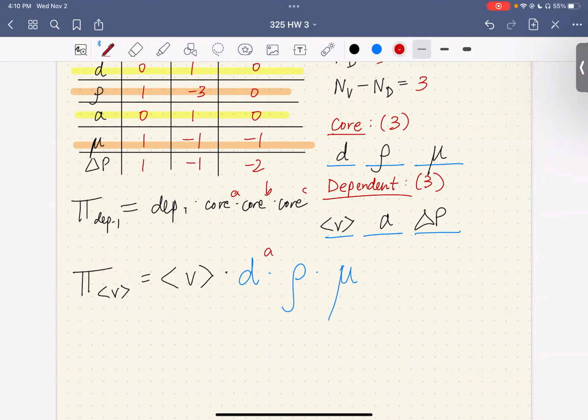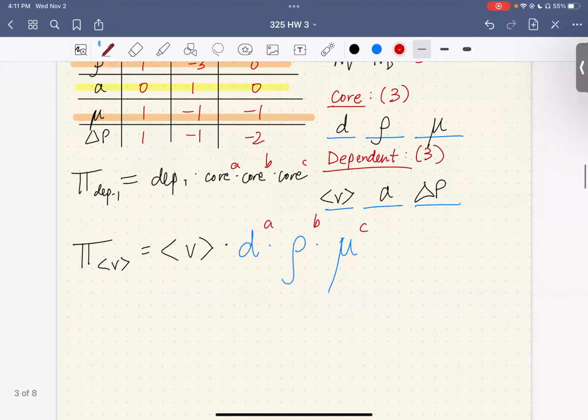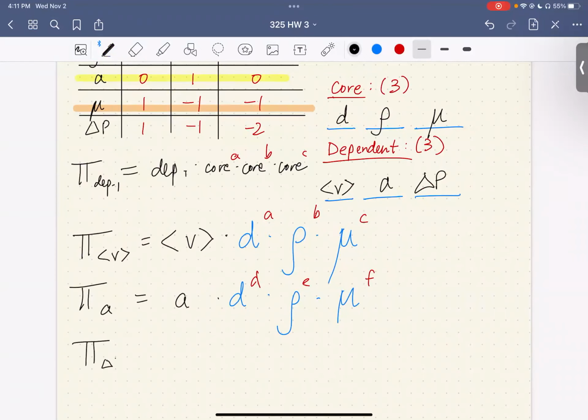Great, and then we have A, B, and C. Then we're going to repeat this process for the other dependent variables: D times rho times mu, then D, E, F. And then we have pi. Looks like our last dependent variable is delta P times D, rho, mu, and then we have G, H, I.